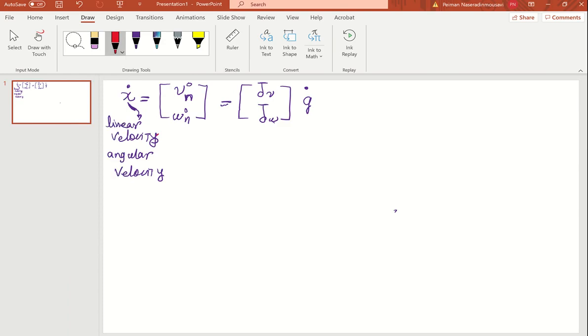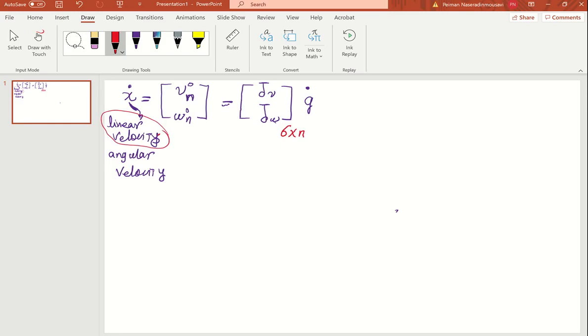I taught you that the Jacobian matrix for a robotic system is always a 6 by n matrix, because in space we have 3 linear velocities and 3 angular velocities of the end effector, so this is going to be 6 by 1. This is 6 by n, and this is n by 1, so 6 by n multiplied by n by 1 gives you 6 by 1.